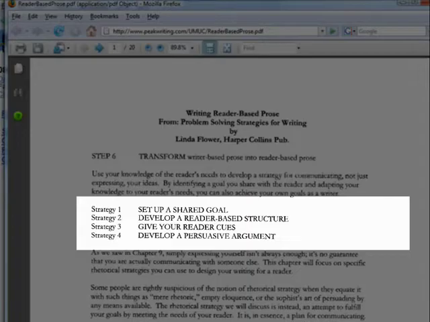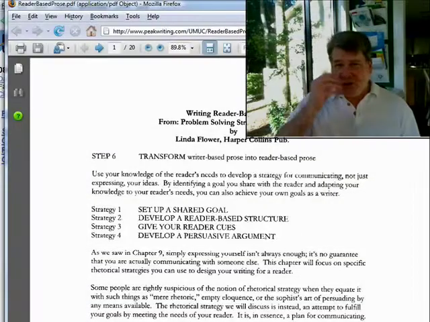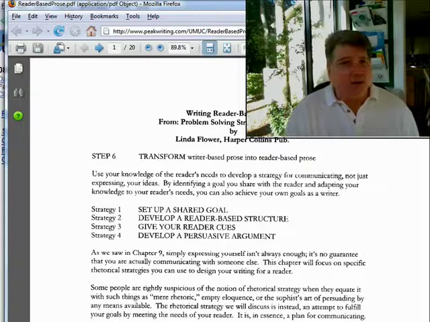This is where the author, Linda Flowers, gets down to business, and these are the 4 essential strategies that she gives for creating reader-based prose. If those are the 4 essential strategies for creating reader-based prose, those strategies would be a good place to begin to find the differences between reader-based prose and writer-based prose. A little bit of a heads up there.